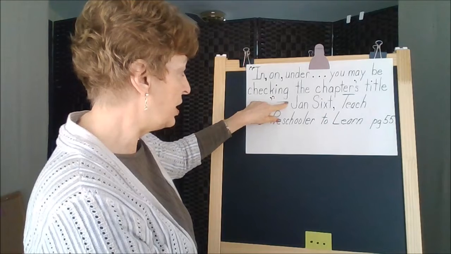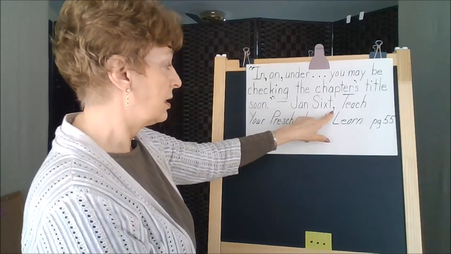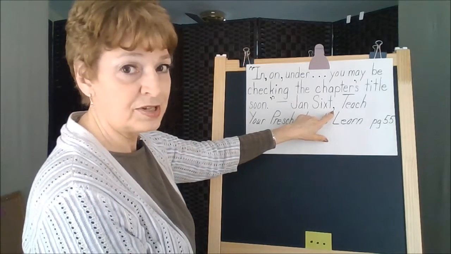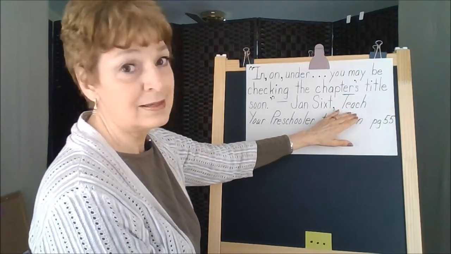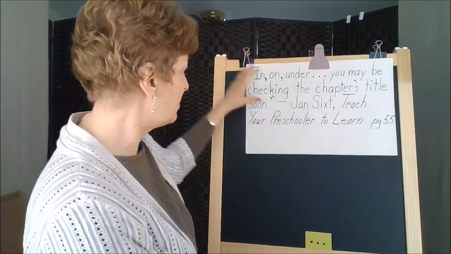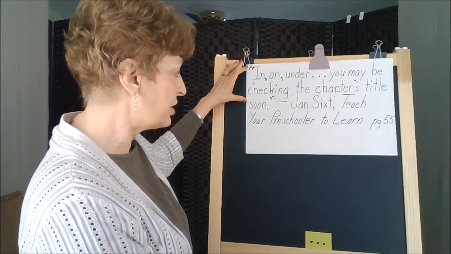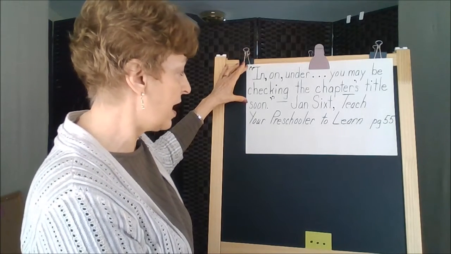Then you're going to use a dash, state the author, put a comma between the author's name and the actual title of the book. And this book is in italics. I chose italics because we've already quoted here and used the quotation marks, so it would be confusing if quotation marks were used again.